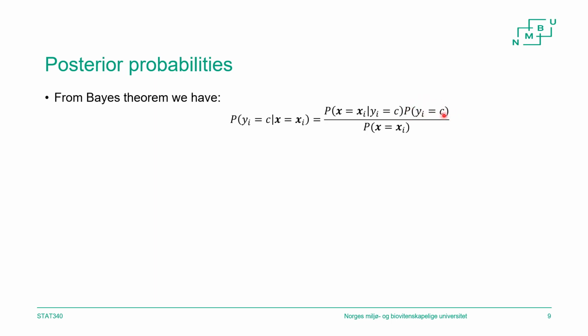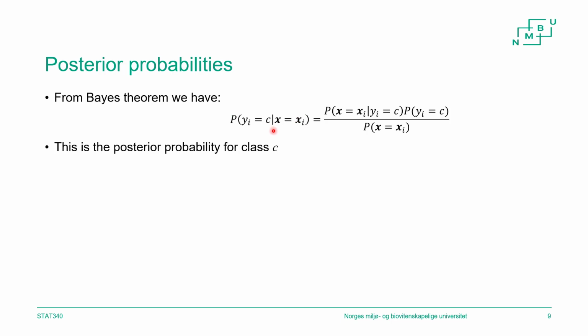You recognize it from the previous slide. And here is then what we call the probability of the data. And this is what we call the posterior, this one is the posterior probability for class C. And this is the one we should have, right? According to this Bayes rule. Once we have this, we have the solution.